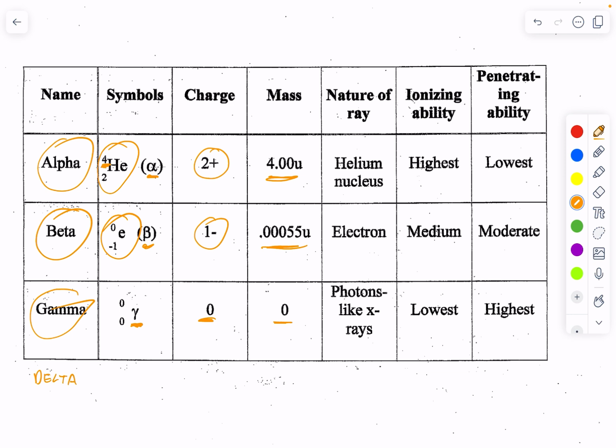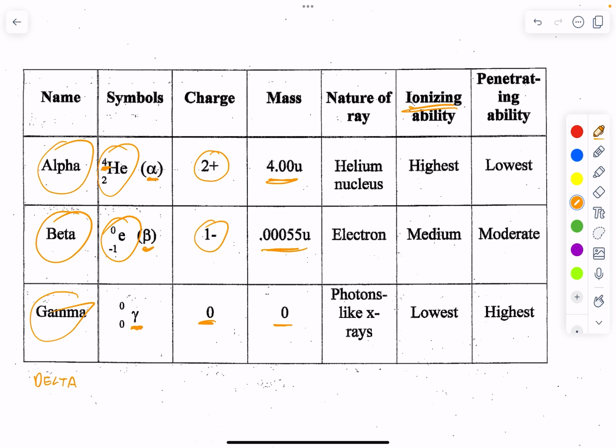Now, as far as the ionizing ability, what we mean by ionizing ability is the ability to ionize an atom. So an alpha particle, which by comparison is big and massive, when it smashes into an atom, it can do a whole lot of damage. It can knock that atom into all kinds of charged pieces, so it has a high ionizing ability.